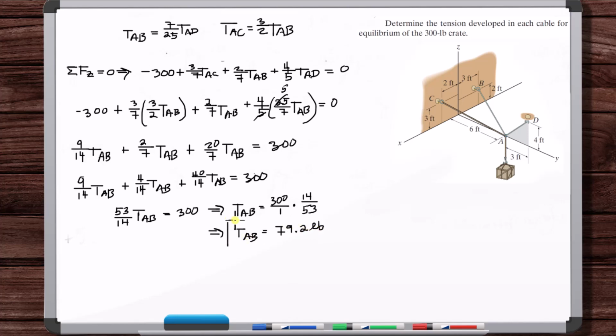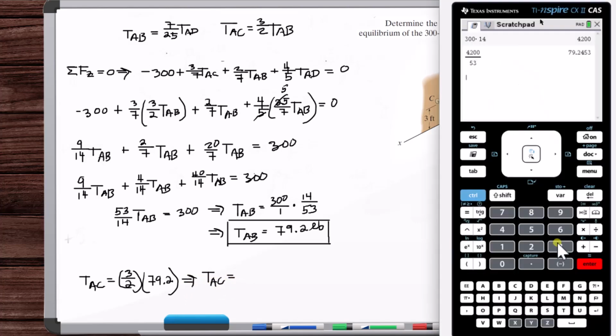All right. Okay, so now let's get TAC using this. TAC is equal to 3/2 times TAB. TAC is equal to 79.2 times 3/2, so 118.9.